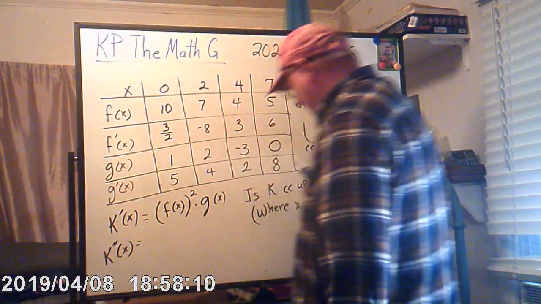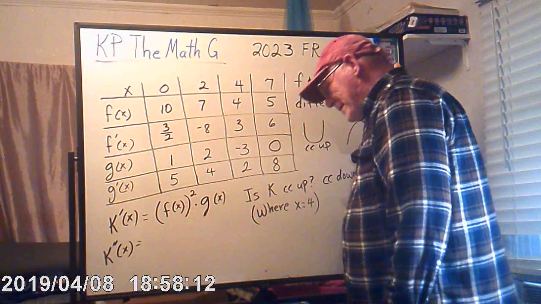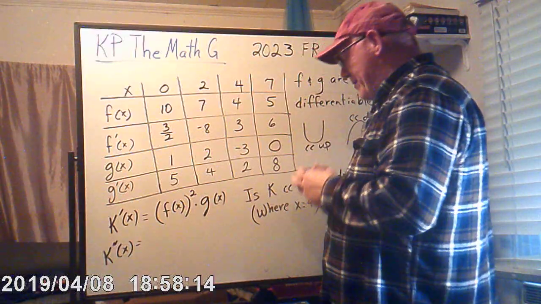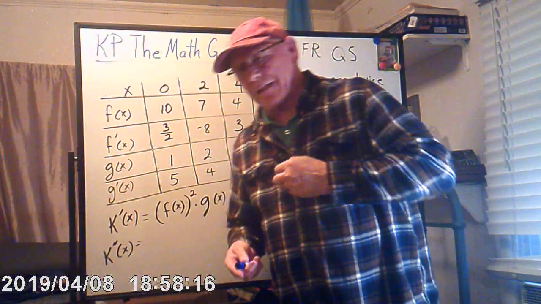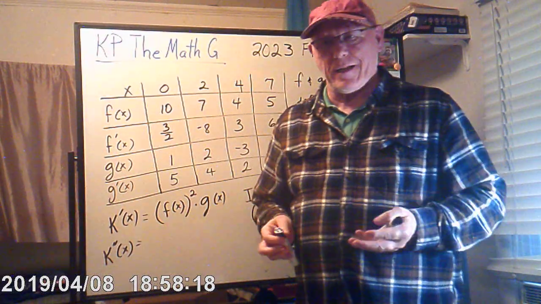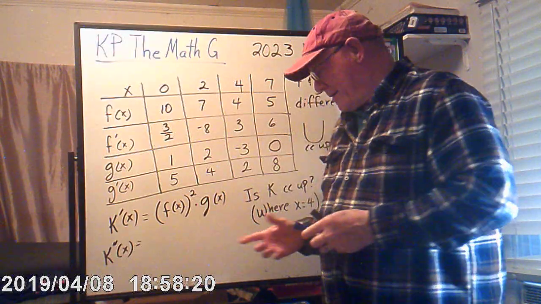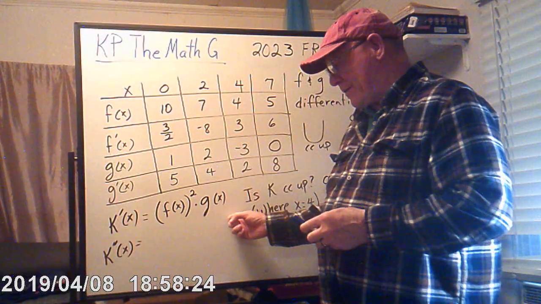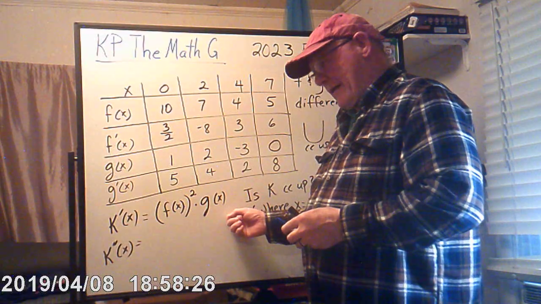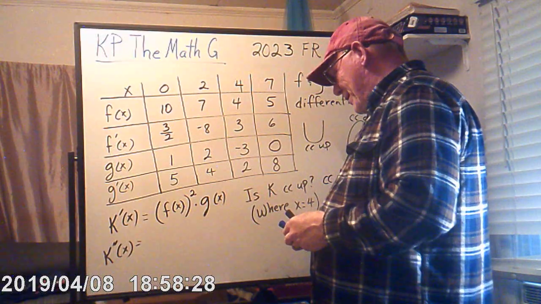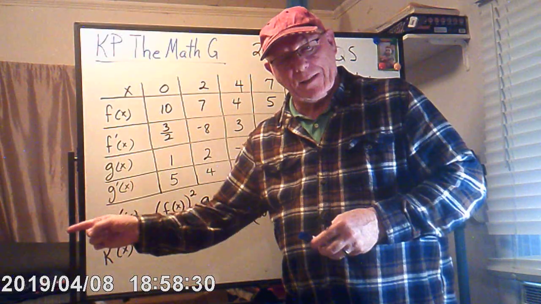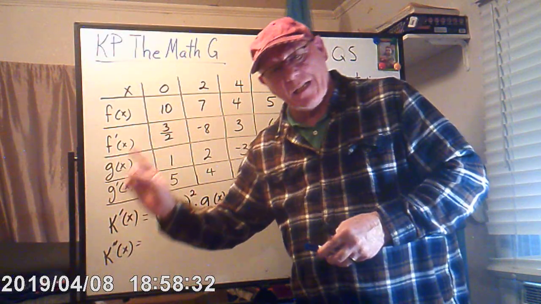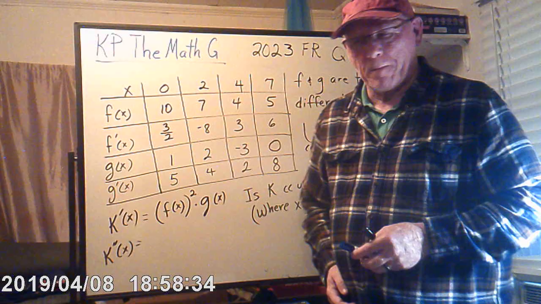Now listen. What determines if K is concave up? If this second derivative, which we're going to find, at x equals 4 is positive, it's concave up, isn't it?